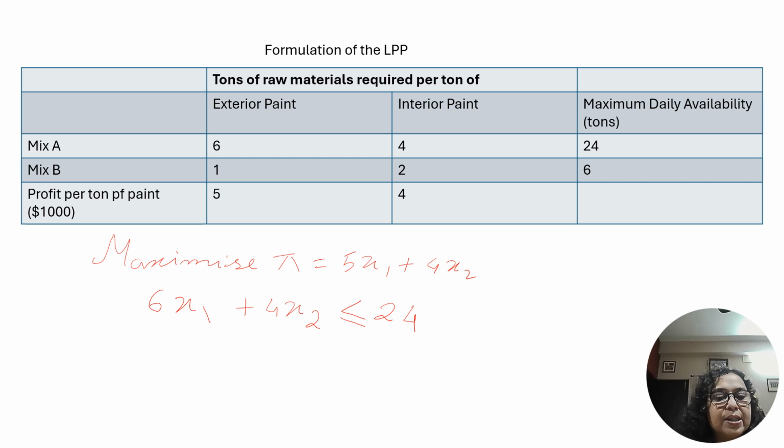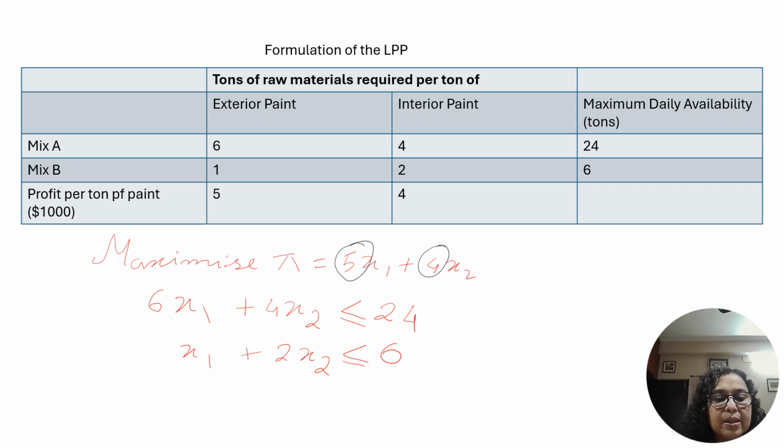Similarly, for mix B, it will be x1 plus 2x2, because that is the total quantity of mix B required to produce the two paints, x1 quantity of paint 1 and x2 quantity of paint 2, and so this will be less than or equal to 6. And also I've got this profit. So this 5 is the per unit profit from exterior paint and this is from interior.